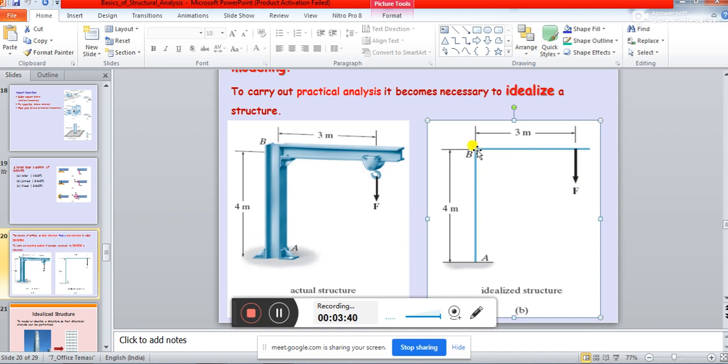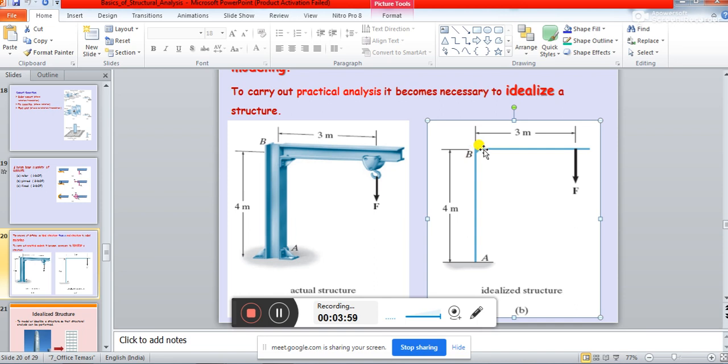So when you idealize this beam, you are just drawing a horizontal line. However, this horizontal line will not give the modeling of the beam. To model the beam properly, what will you have to give?